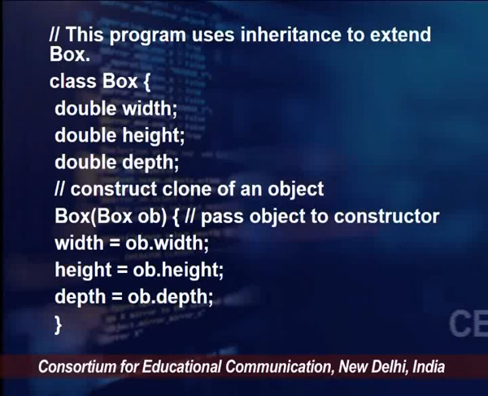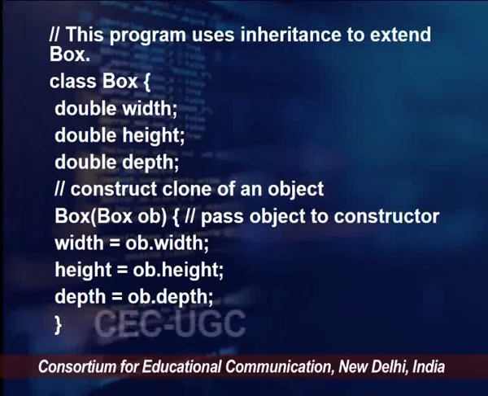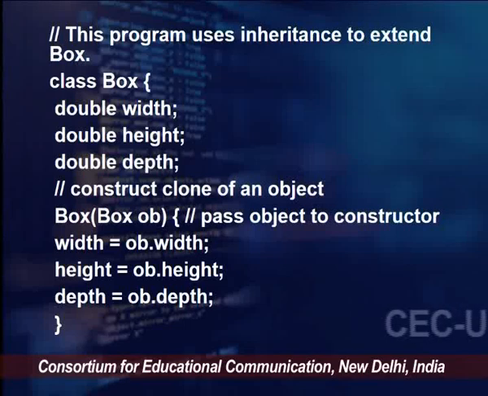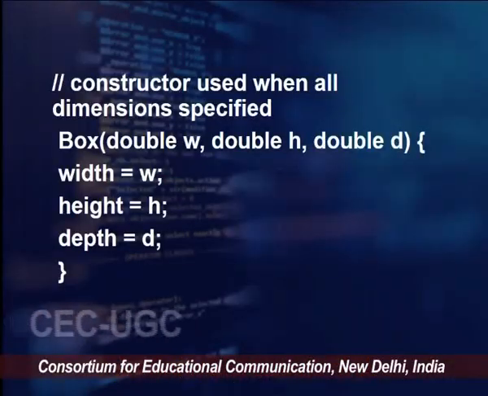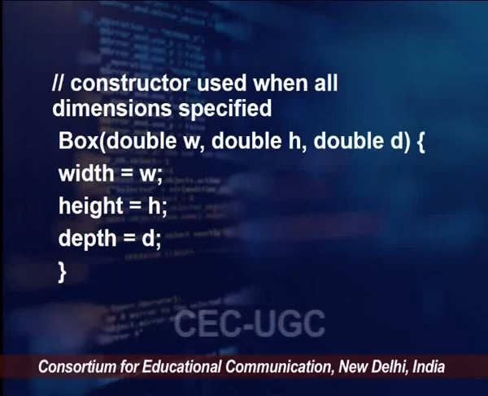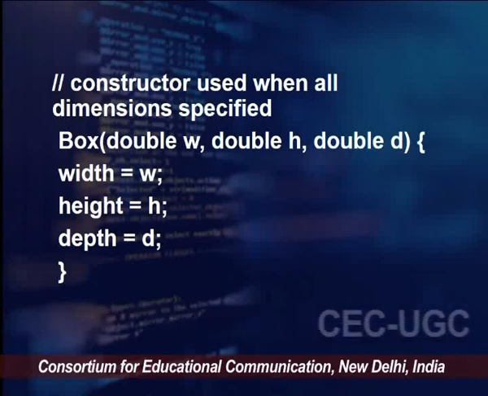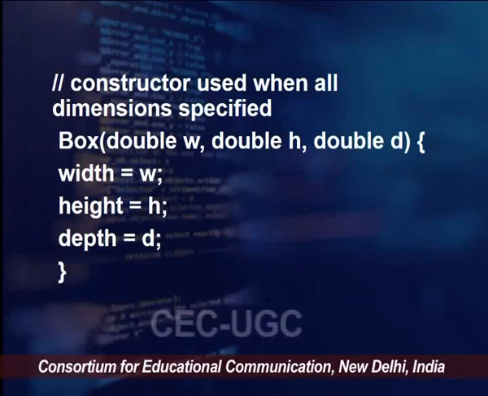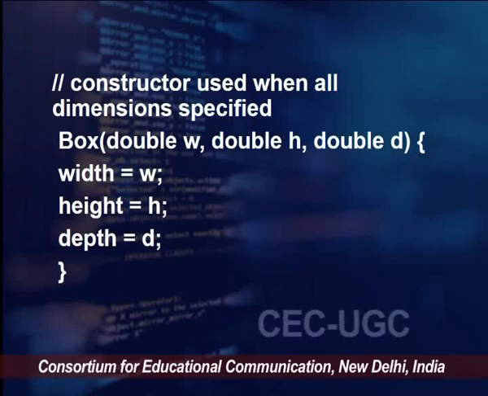And I am sure you are aware of this concept at a detailed level, because we have already covered it in our previous lecture. And here is one more constructor, which assigns the values of w, h and d; these are the three parameters passed to this constructor, and the values of width, height and depth are initialized by the values of w, h and d.